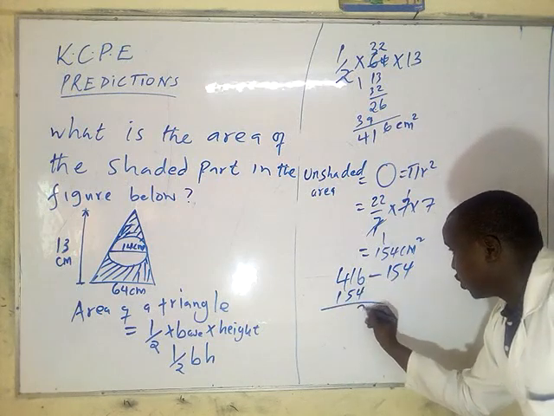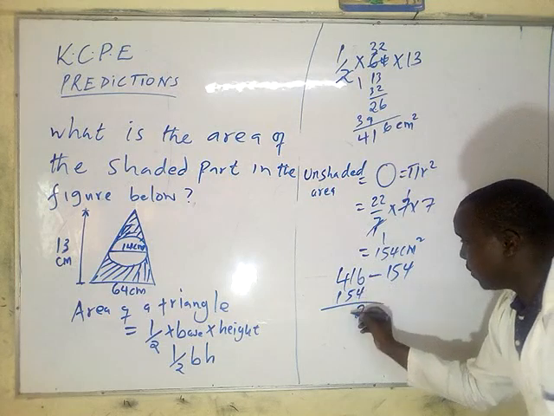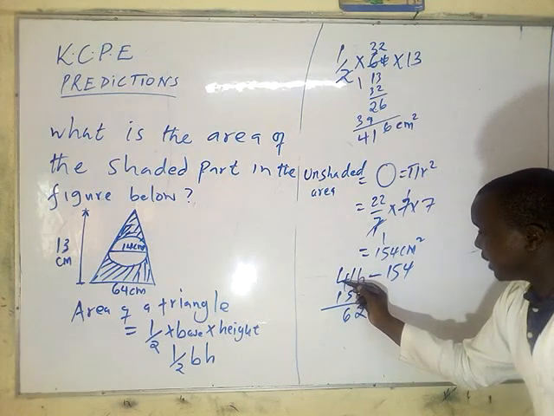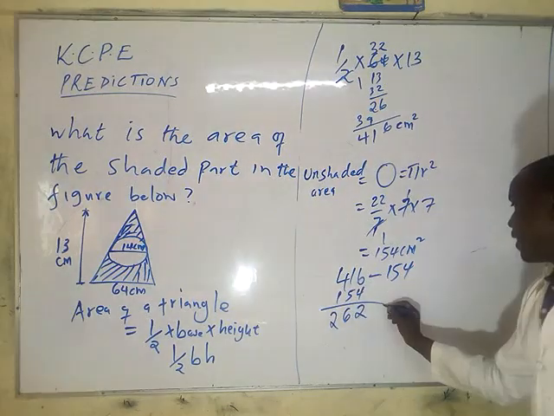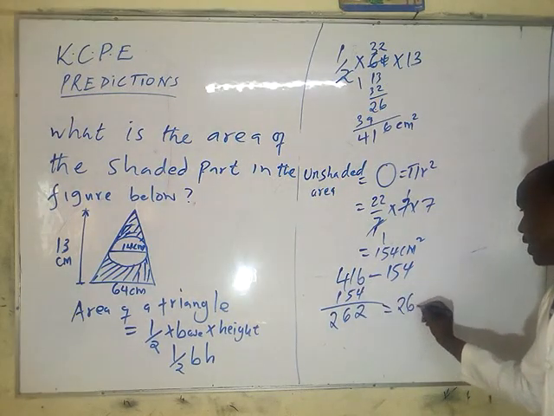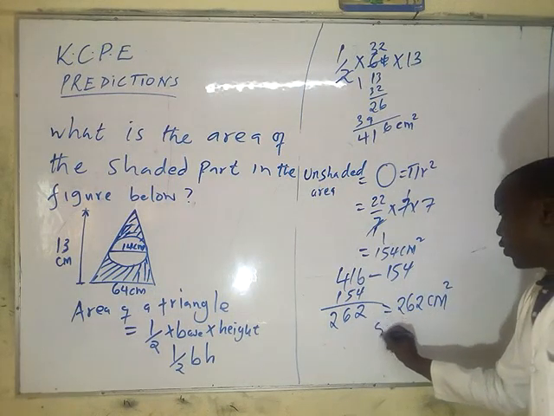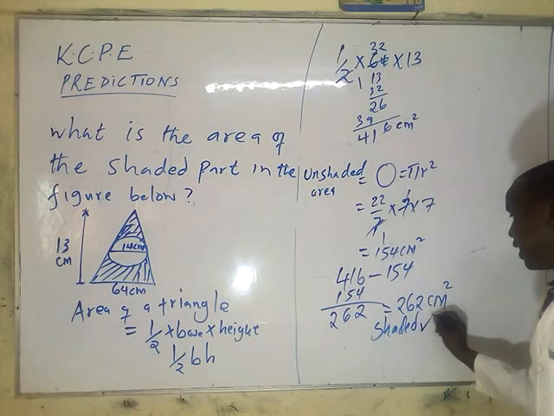Subtract, here is 2. 11, borrow 1, that is now 11 minus 5, it is 6. We borrowed 1 from here, it is 3 remaining. 3 minus 1, it is 2. So our area is 262 centimeters square. This one is called the shaded area.